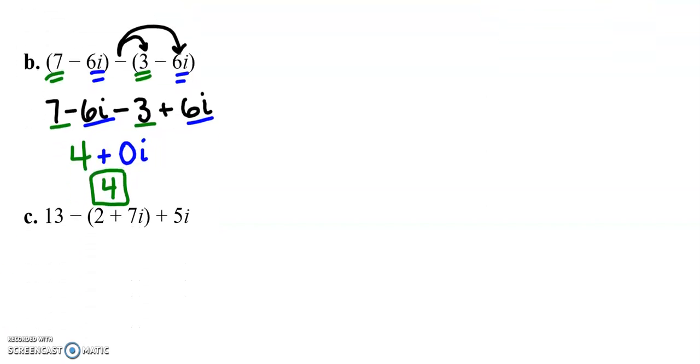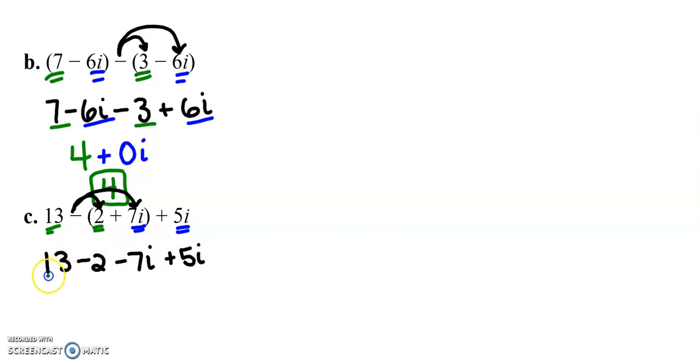All right, this one, following order of operations again. So I've got this real, that's it. And I've got this imaginary and this imaginary. So I'm going to distribute because of order of operations. Okay, so I'm going to have 13 minus 2 minus 7i plus 5i.